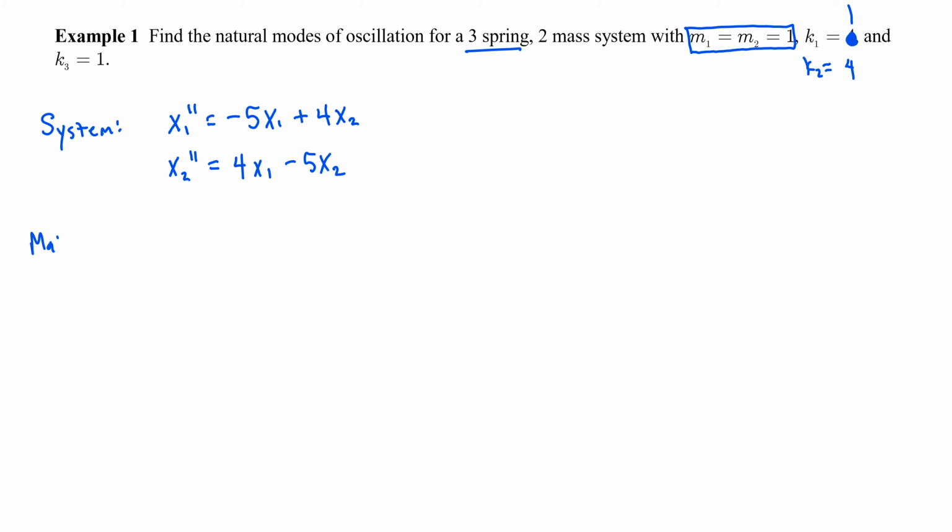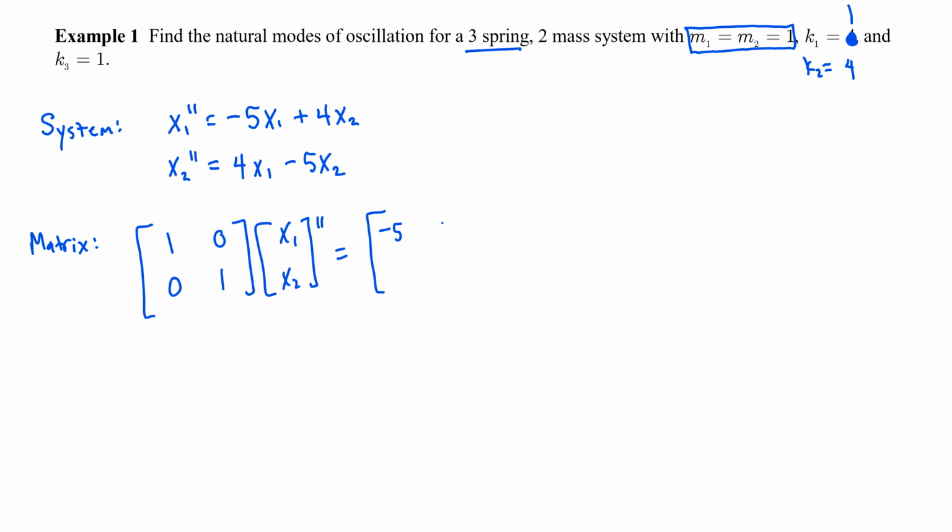So in matrix form, we're going to have mass matrix 1, 0, 0, 1 times acceleration vector x1 and x2 double prime equals stiffness matrix -5, 4, 4, and -5 times displacement vector x sub 1 and x sub 2.